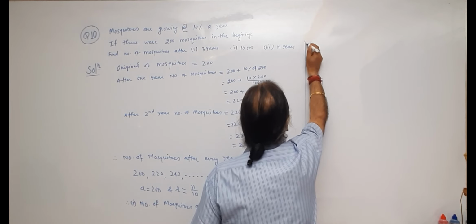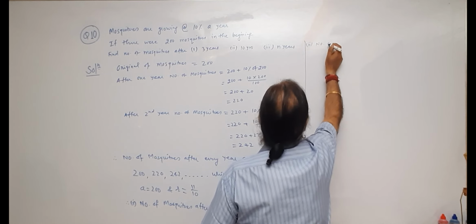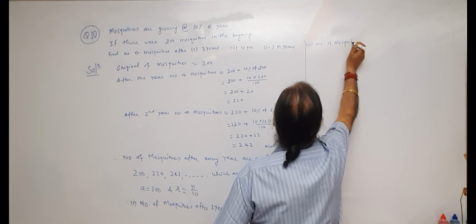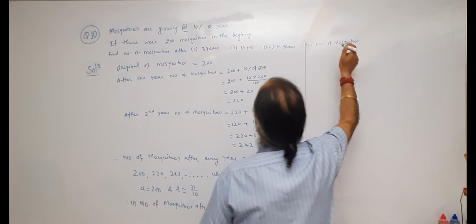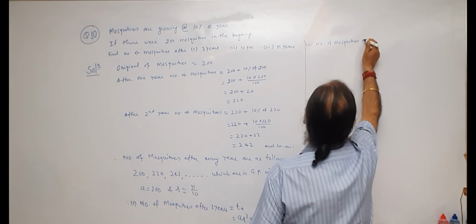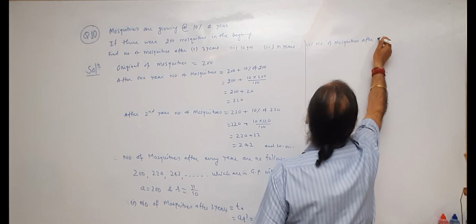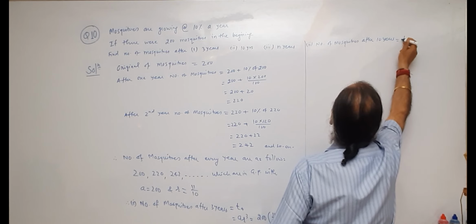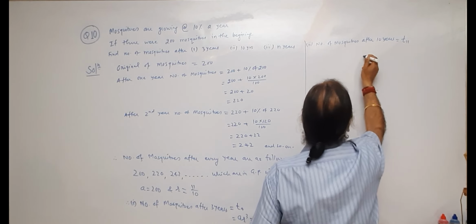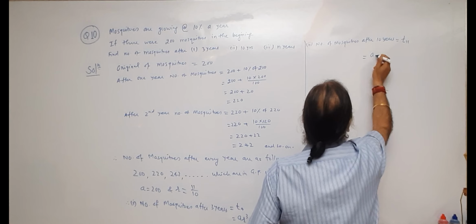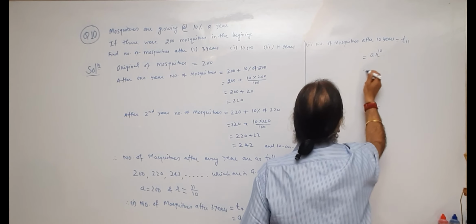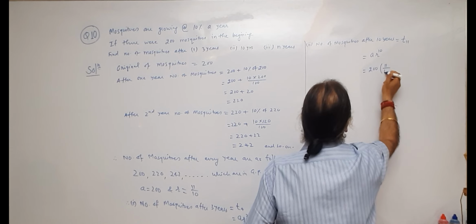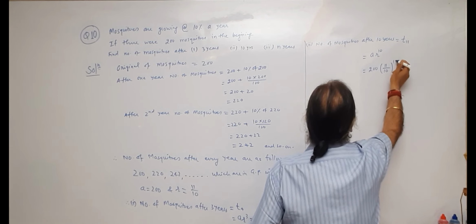Second, number of mosquitoes after 10 years will be what? 11th term. A R raised to 10. 200 into 11 by 10 raised to 10.